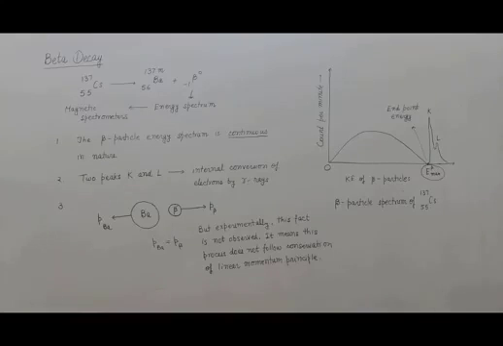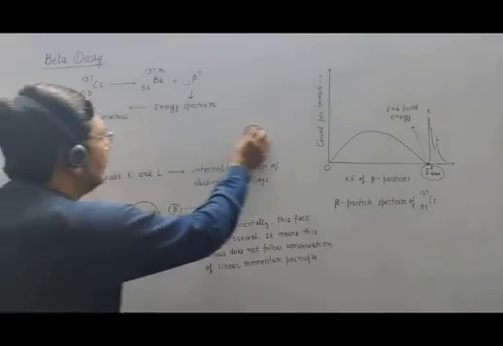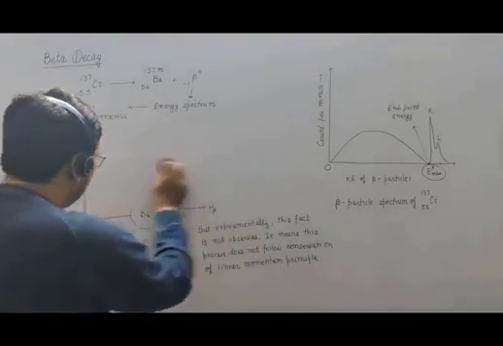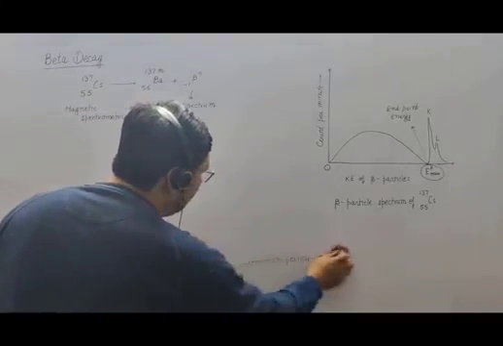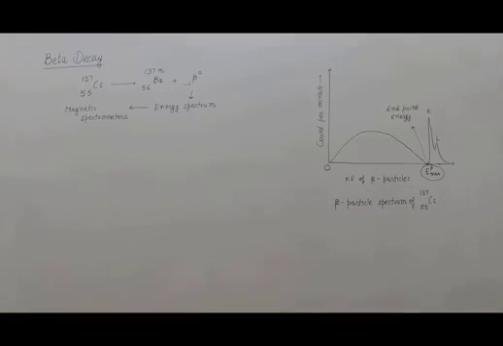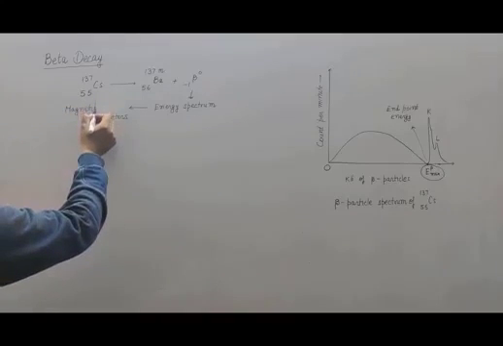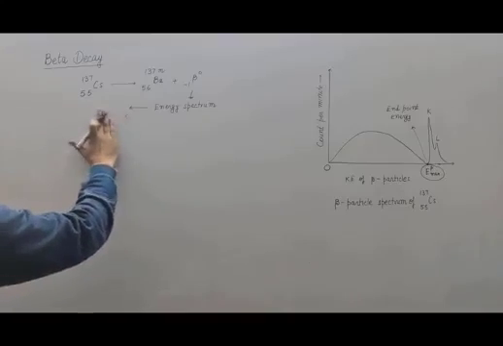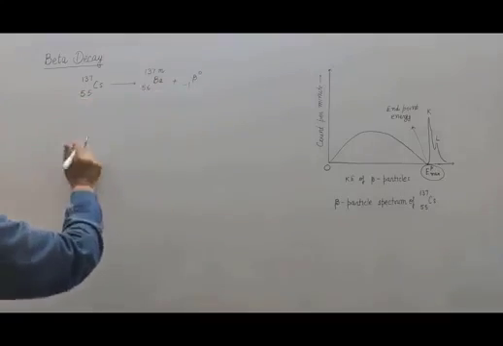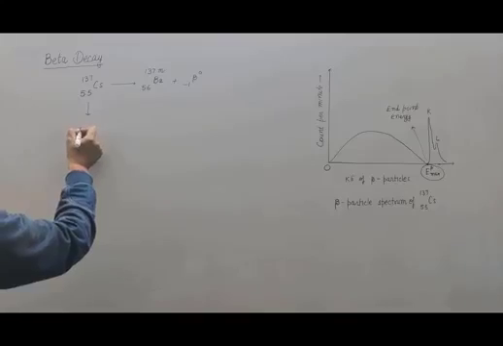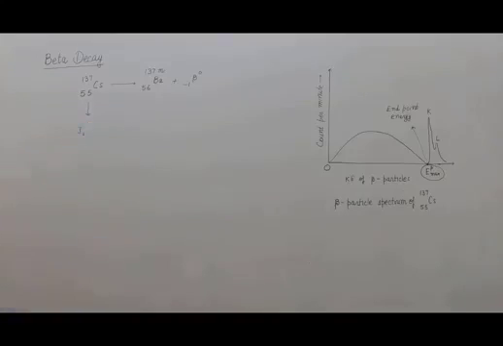Apart from this, there is another important aspect. So the fourth point, which is observed experimentally or even theoretically, is that the ground state of this Cs nuclei, suppose its spin Ji, is equal to 7 by 2 H cross.